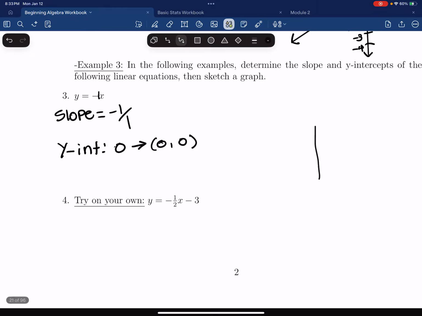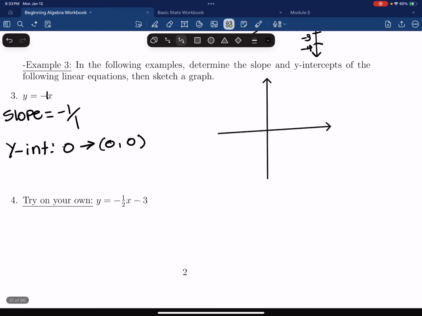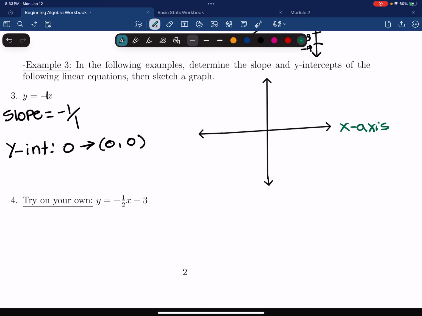So we're going to draw our y-axis and our x-axis. Okay. So we have our x-axis and our y-axis.